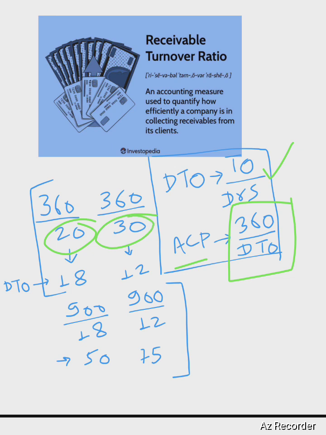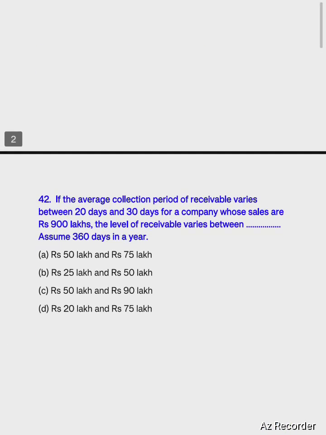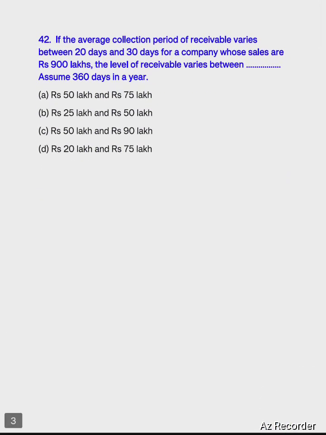So your debtor turnover will be 18 or 12 based on this average collection period, and accordingly your turnover has been given as 900. So your debtors will range from 50 to 75. It will range between 50 to 75. So the answer will be option number A.